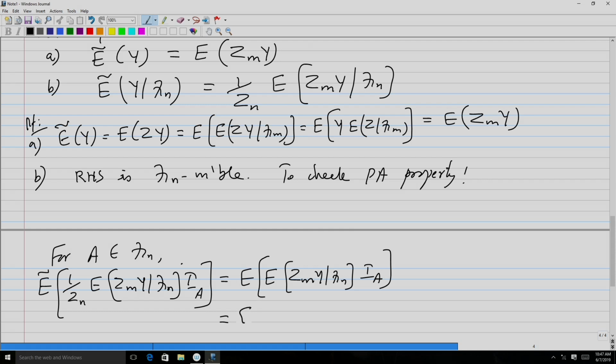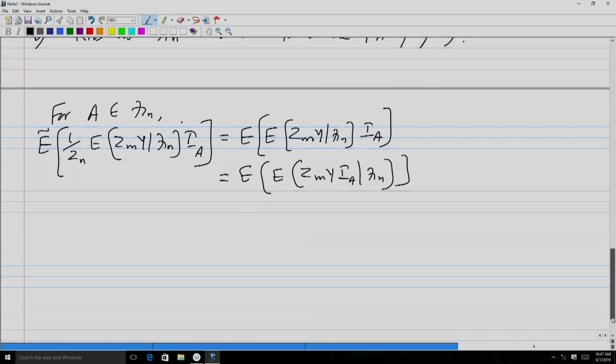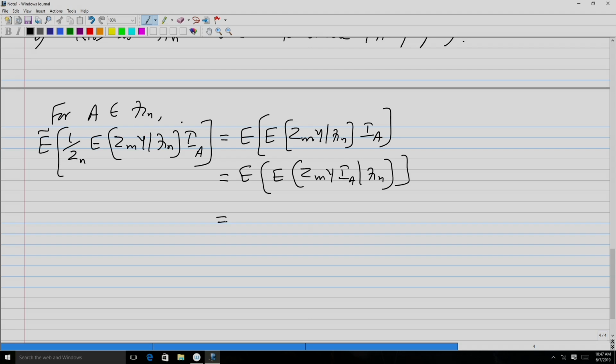So, this can be written as the expectation of Z_m Y indicator function of A given F_n. Now, if I take the average of all those conditional expectations, what you will end up with is the expectation of Z_m Y indicator function of A, which again, if I use the property, will be equal to E tilde of Y indicator function of A, again using part A for an F_m measurable random variable.